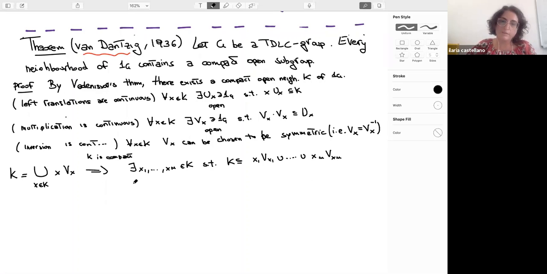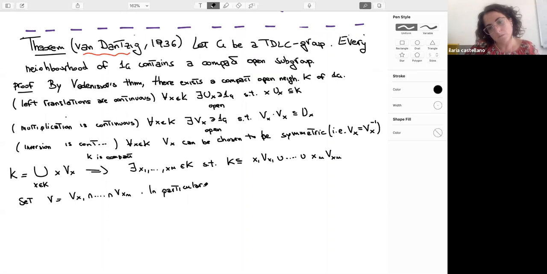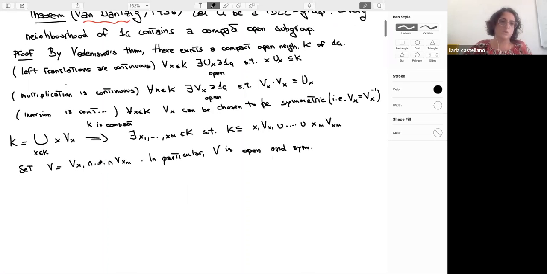And now that we have finitely many of those, we can set V to be the intersection of this finite number of open sets. So in particular, V is open and symmetric, because each one of those were open and symmetric.